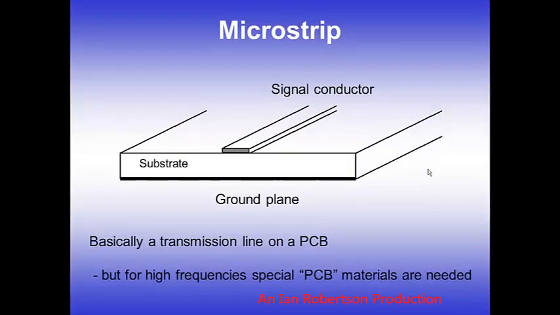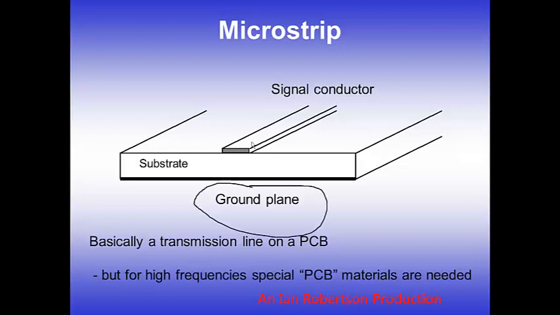The next kind of transmission line, which is very common in making circuits, is called microstrip. And this consists of what's called a substrate, something similar to a printed circuit board, but with special materials for low loss at high frequencies. We have one side of that substrate completely metallized and acting as a ground plane at the bottom.